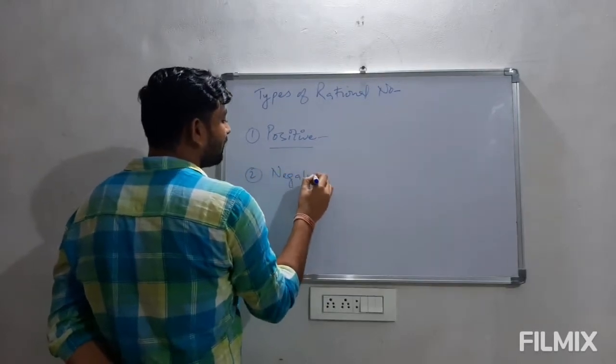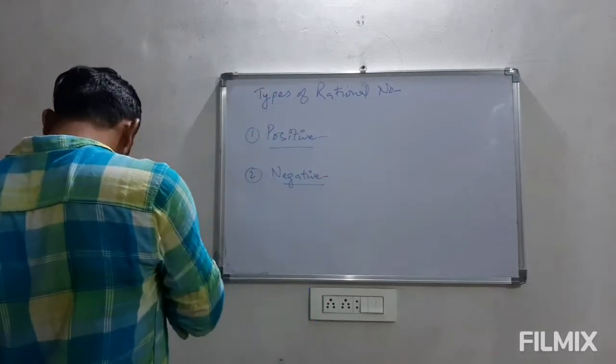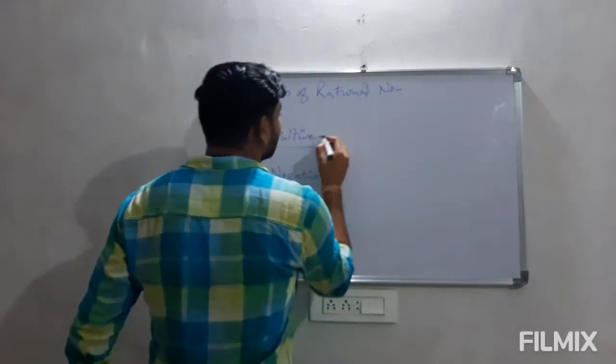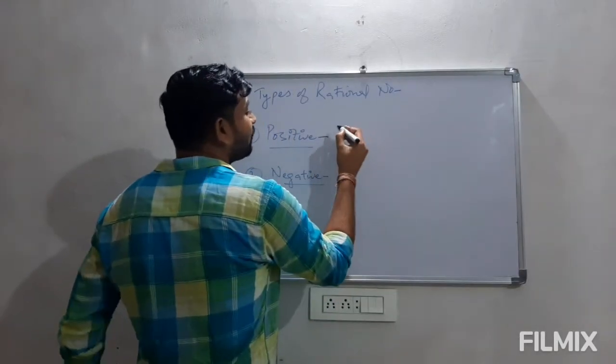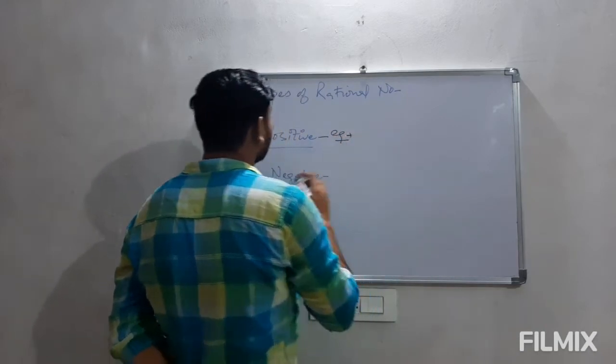Positive rational number and negative rational number. Now, what are positive rational numbers and what are negative rational numbers? Let us see. Suppose any rational number is of the form, I am taking certain examples in terms of some variable only.